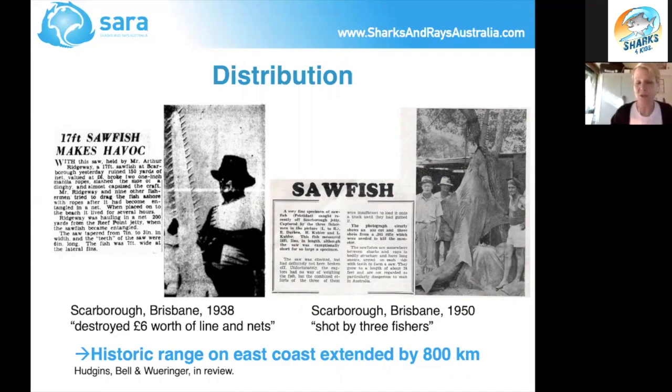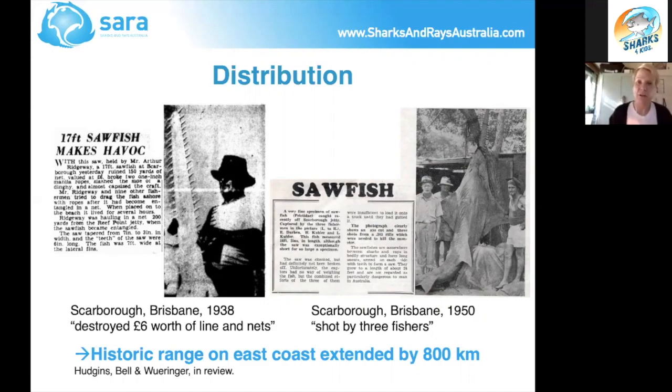With these historic newspaper articles, some of them submitted to us by people who had them at home, we were able to figure out that historically freshwater sawfish were found all the way down to Brisbane. This information is really important, because when you work with endangered species that live in murky waters, they don't come to the surface to breathe, and you want to find out how much they have declined.